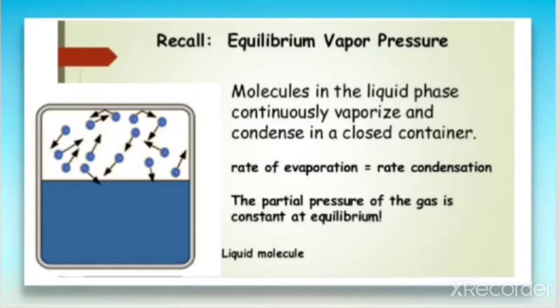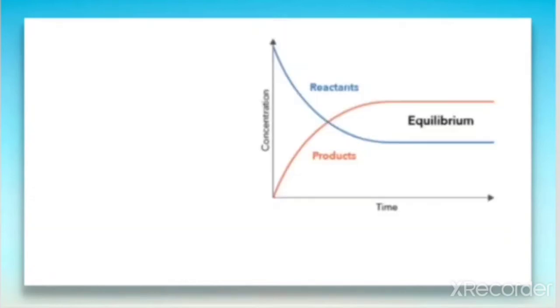So let us make a plot between the concentration of reactant and product versus time. So let us discuss this plot. For example, consider a reaction in which the reactant is converted into product. At the beginning, we can say that there is only reactant, no product.